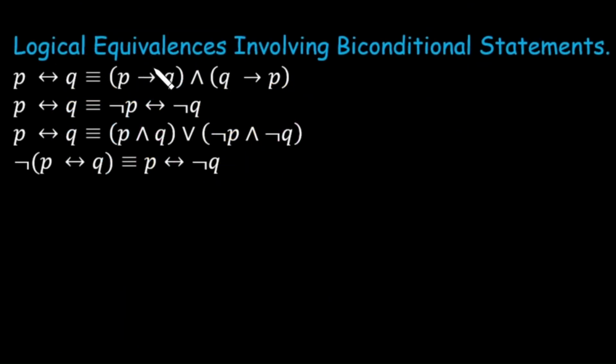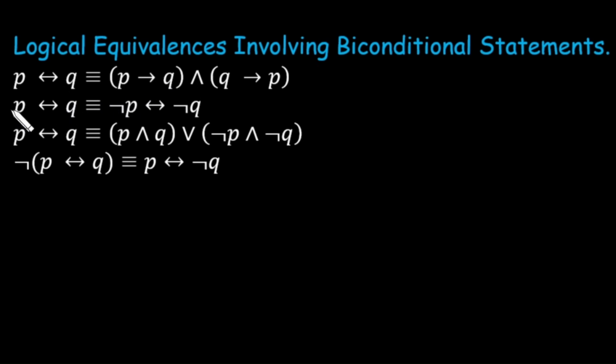Next is logical equivalence involving the biconditional statement. Biconditional statement means if and only if. We know that when we write this format, it means P implies Q and Q implies P. So we can write this in the form of logical equivalence.